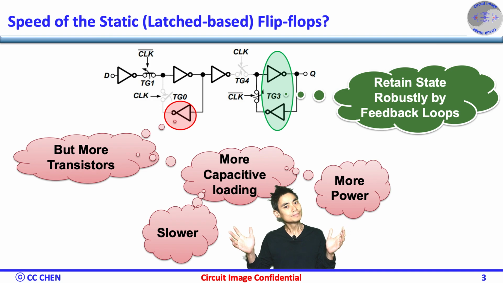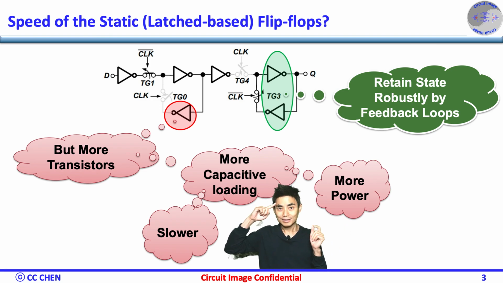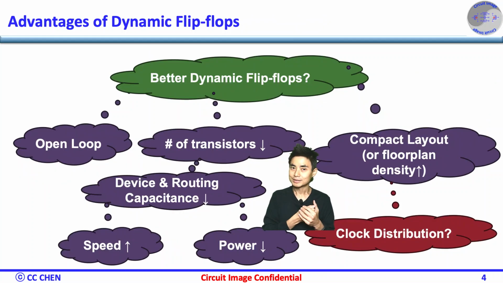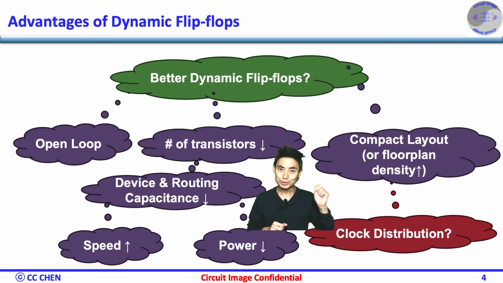What can we do? Think about the dynamic flops for 5 seconds. Correct. If our goal is to speed up the flops and lower the power, we must do the opposite way of the static flops as follows. First, get rid of the feedback loop. Second, reduce the number of transistors.